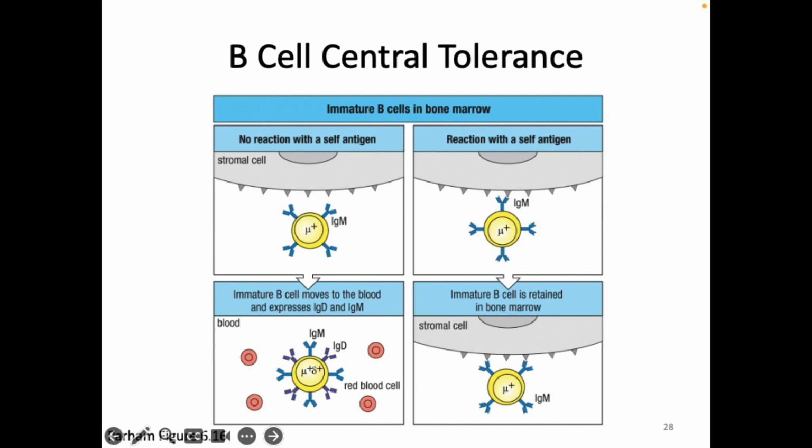But if our immature B cell does recognize some kind of self-antigen, then it gets held up in the bone marrow, and we've got to do something about it, because we don't want to release that cell out into the rest of the body to potentially cause issues.